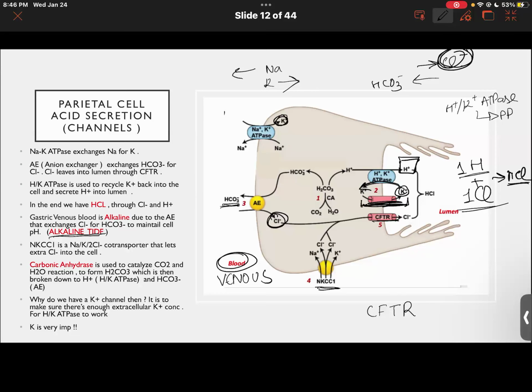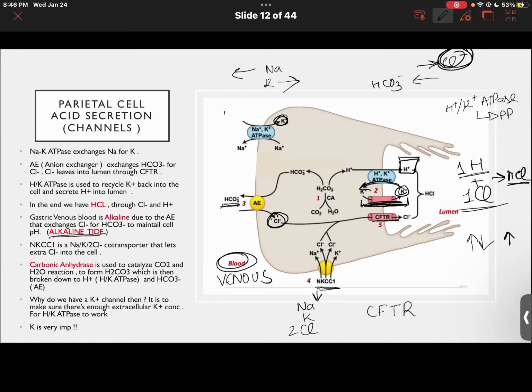We also have this transporter over here, NKCC1. It doesn't have a full form, and it's called NKCC because it transports 1 sodium, 1 potassium, and 2 chlorine together. So it's not an antiporter like the other two. Antiporter means opposite directions, like this. This is called a co-transporter or a symporter.